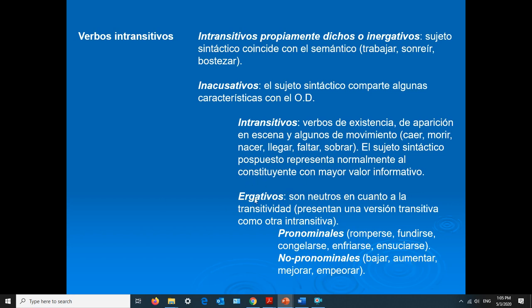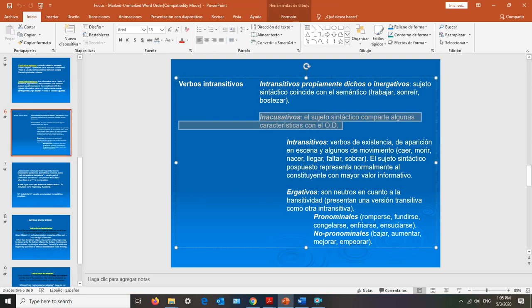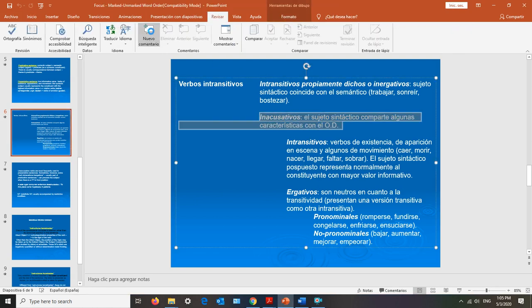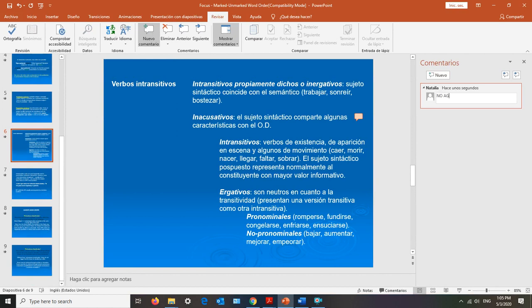We will see why later in the year, but in any case, they are also intransitive and unaccusative. Why? The most important reason is to associate this notion of unaccusativity with lack of agentivity. So here we will make a comment and say no agency, or lack of agentivity.